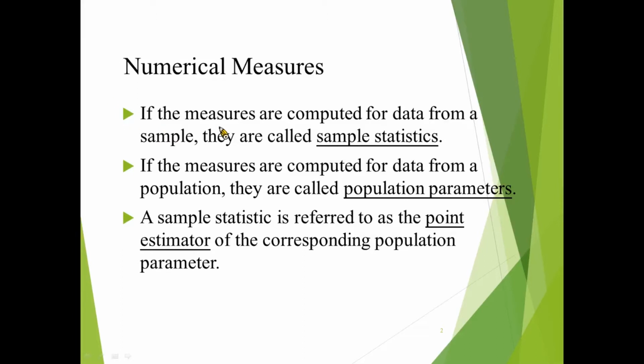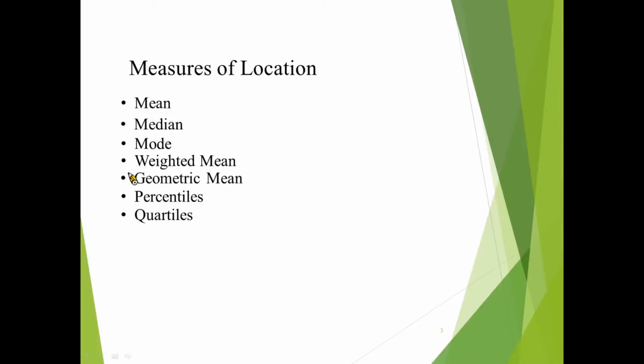If the measures are computed for data from a sample, they are called sample statistics. Second, if the measures are computed for data from the population, they are called population parameters. A sample statistic is referred to as the point estimate of the corresponding population parameter.